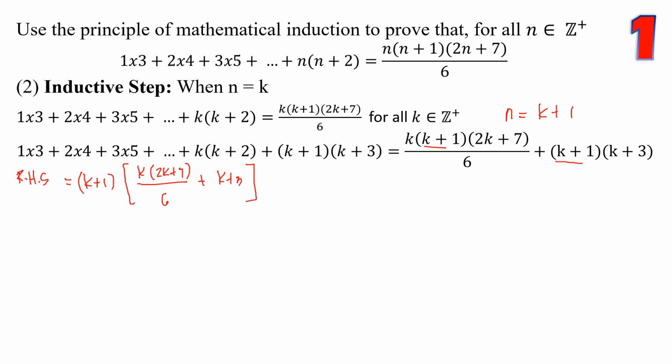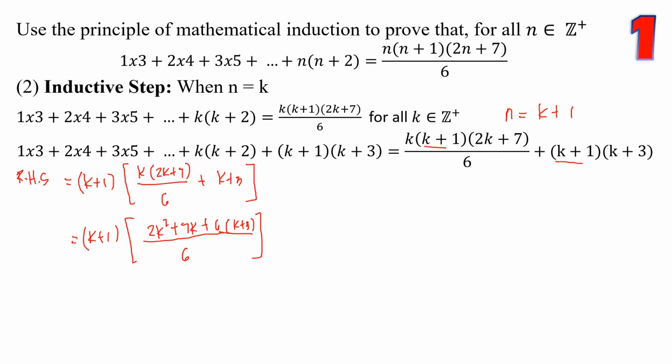Adding the terms inside the parentheses, we will have k plus 1 times, the LCD is 6. We can distribute k in the numerator, so we have 2k squared plus 7k, and then we will have plus 6 times k plus 3.